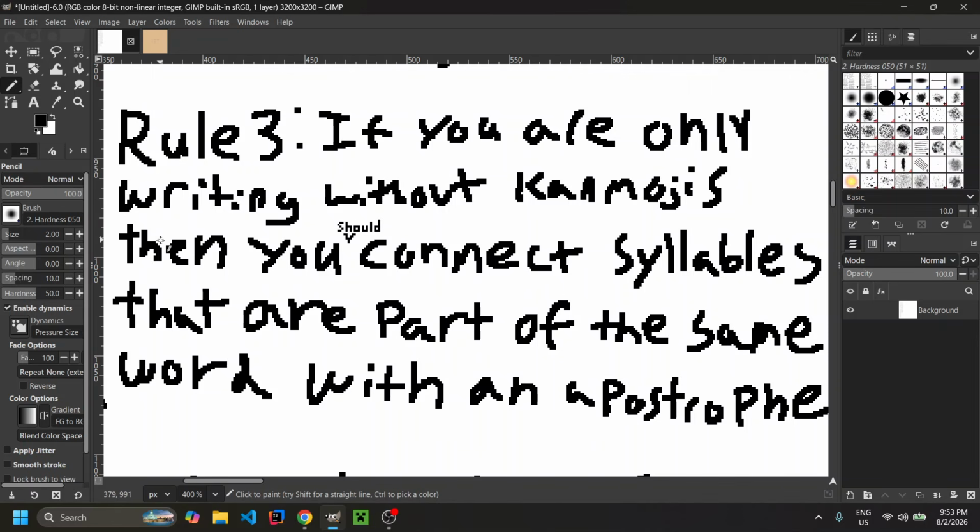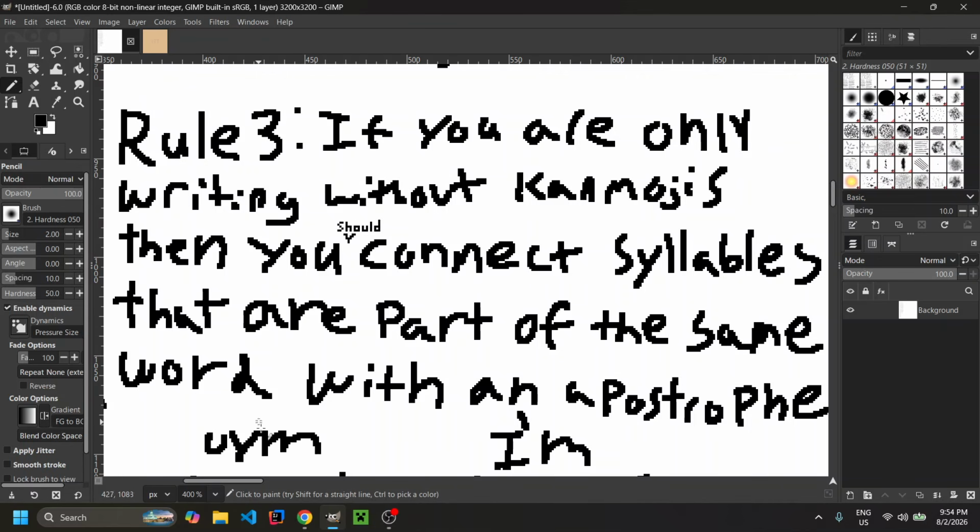If you are only writing without kanji, then you should connect syllables that are part of the same word with an apostrophe. I chose the apostrophe just because I think it suits. So technically we have I'm, and you technically say it like this.